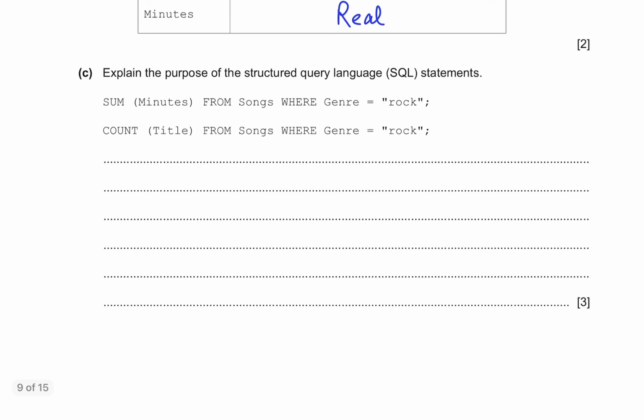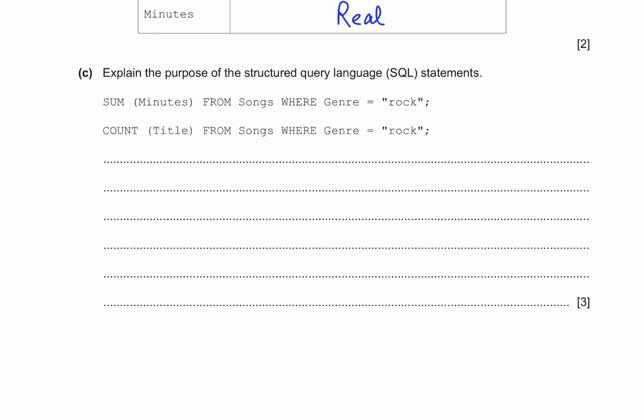Explain the purpose of the SQL. SQL is structured query language statements. Sum minutes from songs where genre equals rock, count the title from songs where the genre is rock. What is the purpose?